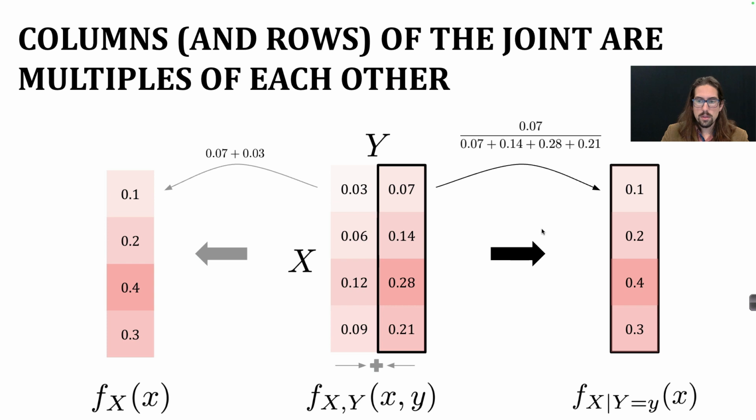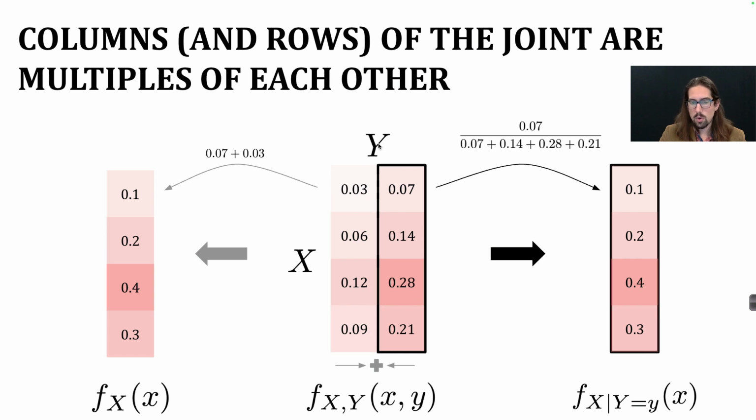And here what we're showing is the relationship between some particular joint distribution and a marginal distribution and a conditional distribution. So remember that the conditional distribution is what we get when we take a slice here.